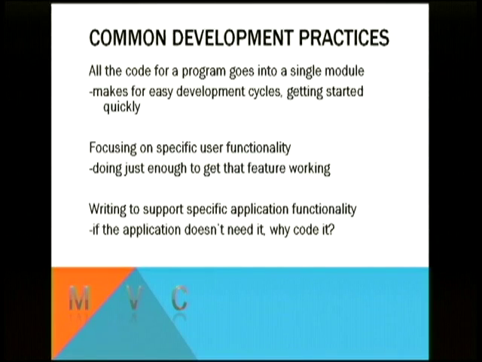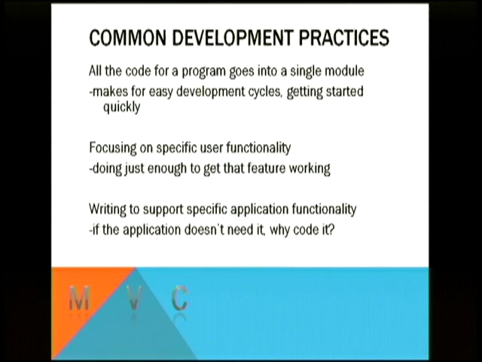Okay, so some common development practices. These are the ways that typically you might go about developing a piece of software, a large piece of software. So all the code for a program goes into a single module because that makes it easy to get started. You have quick turnaround times. You don't have to manage multiple modules. You might also focus on specific user functionality, doing just enough to get the feature working.